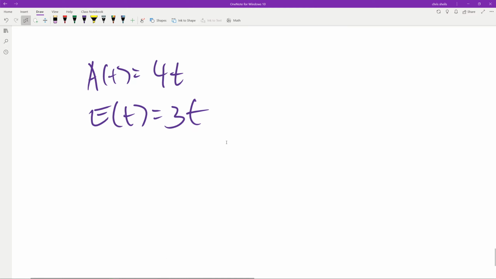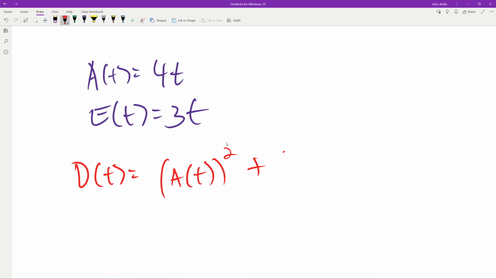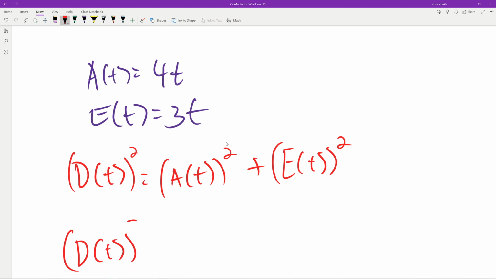So let's call that long side of the triangle d of t, the distance between them. d of t squared is equal to a of t squared plus e of t squared, right? So d of t squared is equal to 4t squared plus 3t squared.